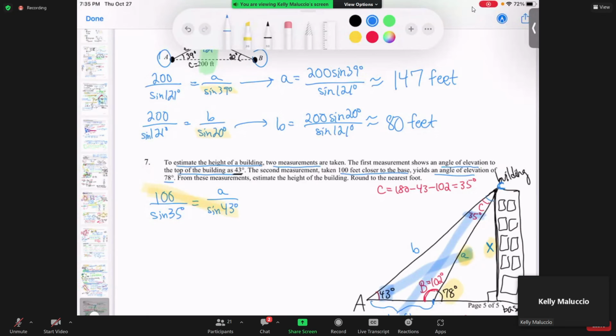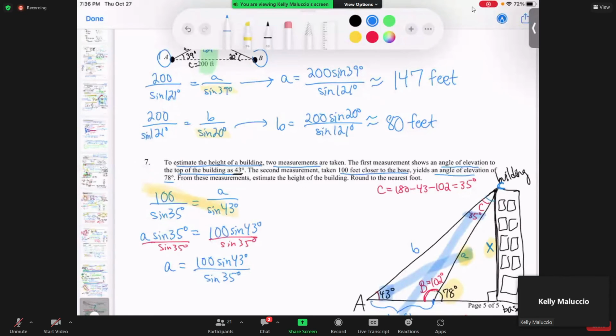Okay, this time I'll just do it step by step. The whole cross multiply is 100 sine 43 degrees. Then I just divide both sides by sine 35 degrees, right? Divide the whole thing. And then I get little a is 100 sine of 43 divided by sine of 35.